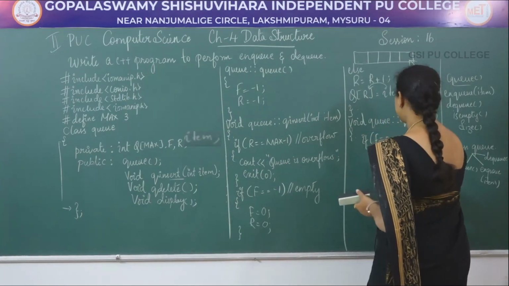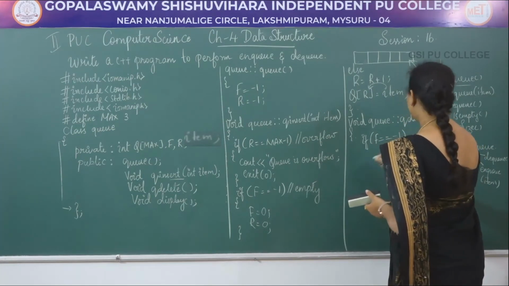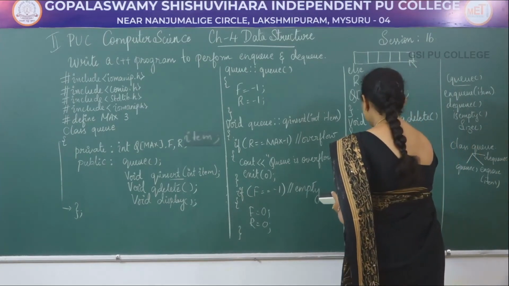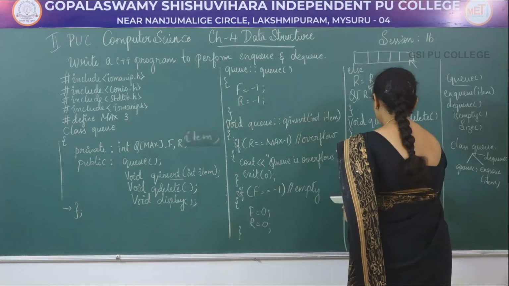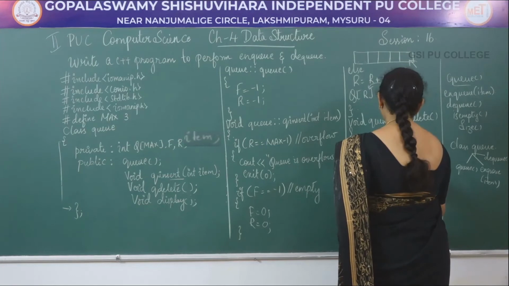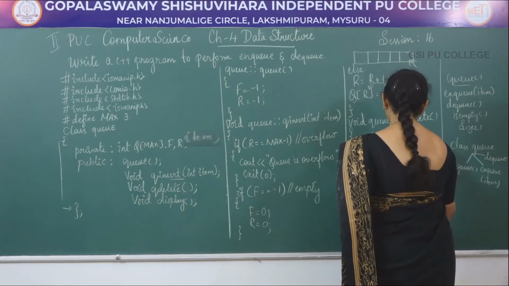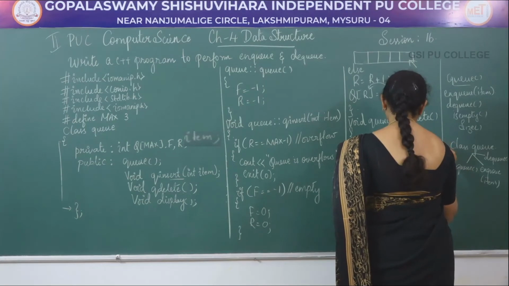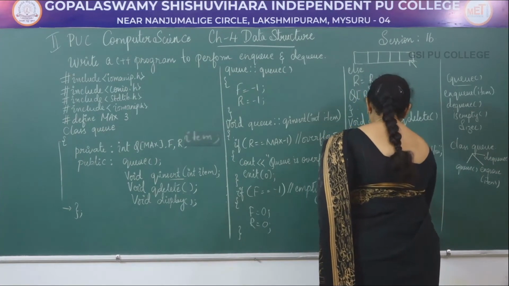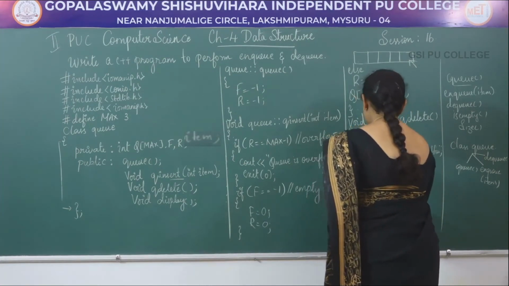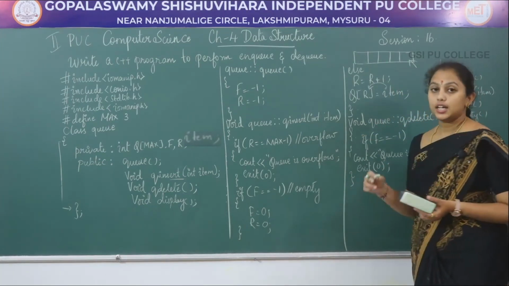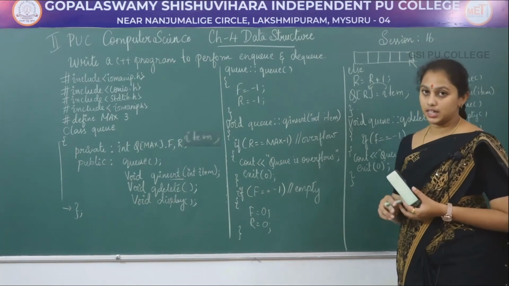If front is equal to -1 or null, we have to print queue is underflow. If it is already in an empty state, then we are exiting from this function. Here I have used return 0, which exits without any error message.